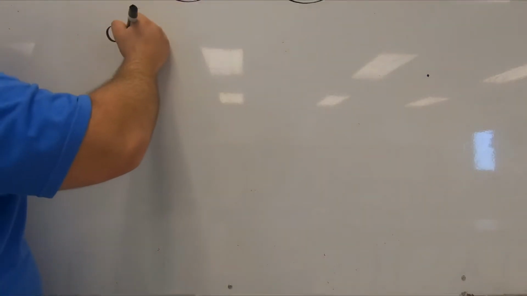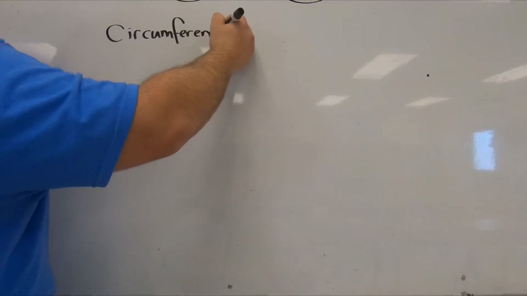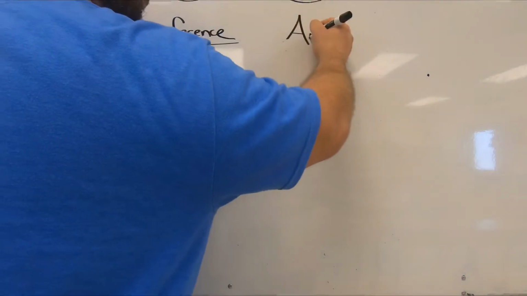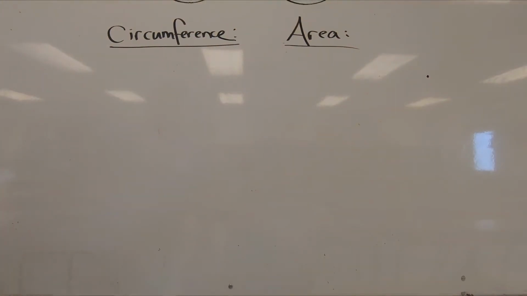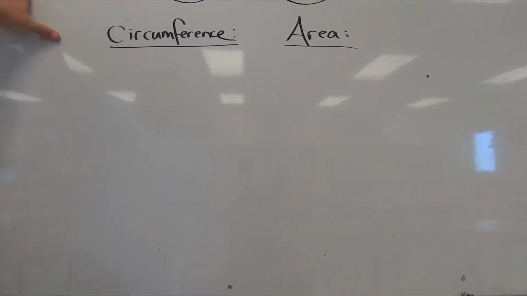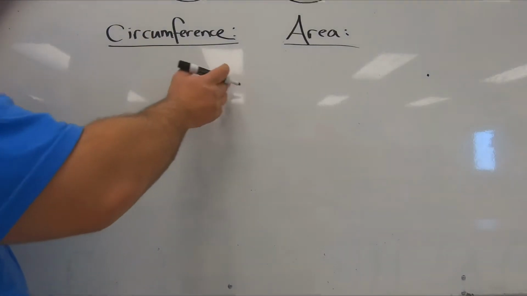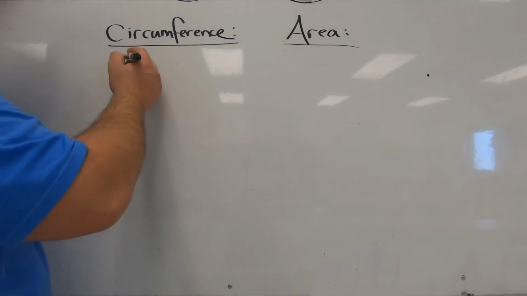But this time, we're going to look for the circumference on one side, and on the other side, we're going to find out the area. Now, some of you probably already know the answer to this. What is bigger, the circumference or the area? Well, the first problem is they're measured differently. One is measured area in meters squared. One is measured in just meters. But I think you'll figure out what the answer is pretty quickly.